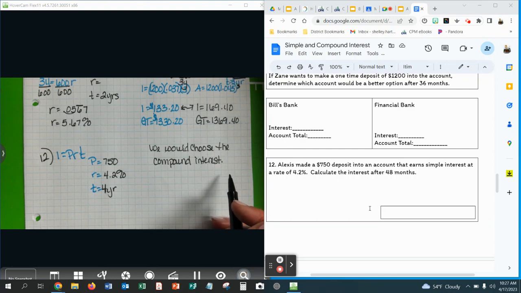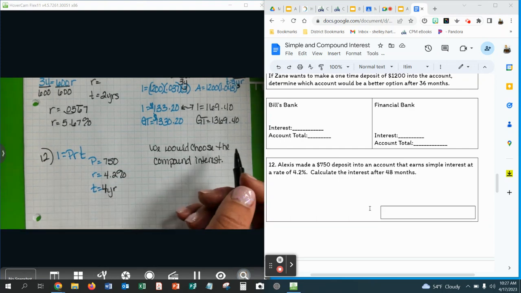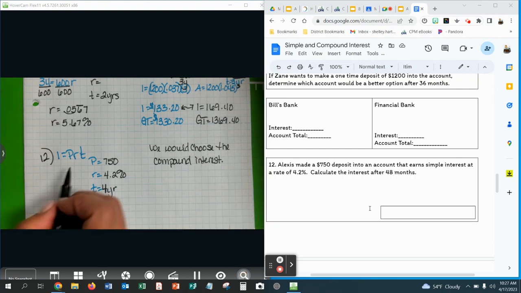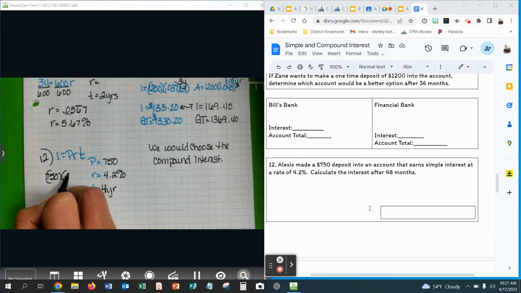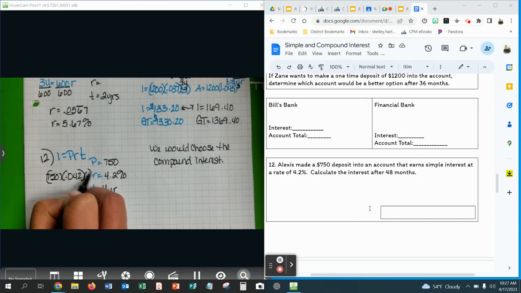Angelo, how am I going to plug this in? It's going to be 750 times 0.042 times 4 years. Yes, thank you. Can you multiply that out for me, sir? Everybody should be multiplying this out.